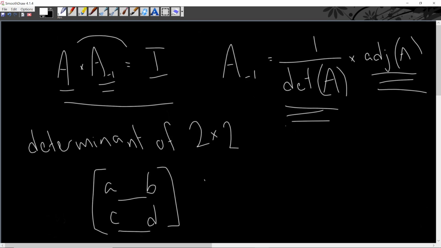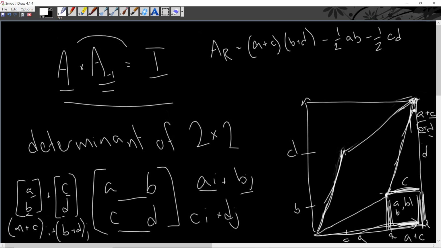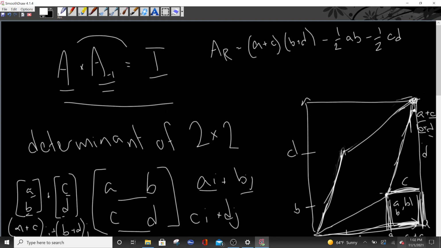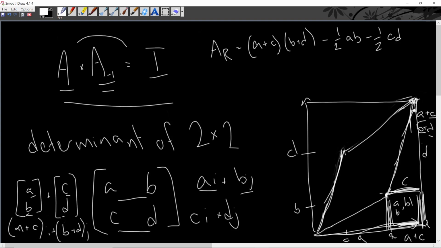We have AI plus BJ, so it travels some number of units in the x direction. A plus C, B, and then A, B.